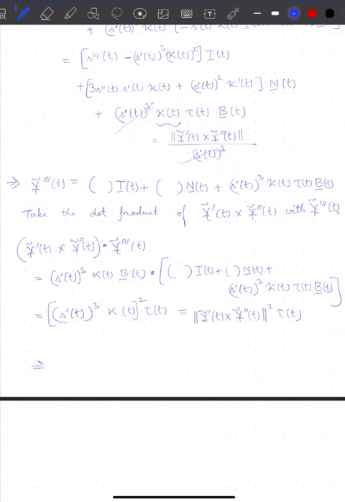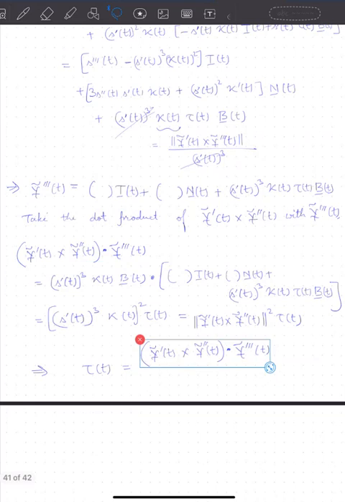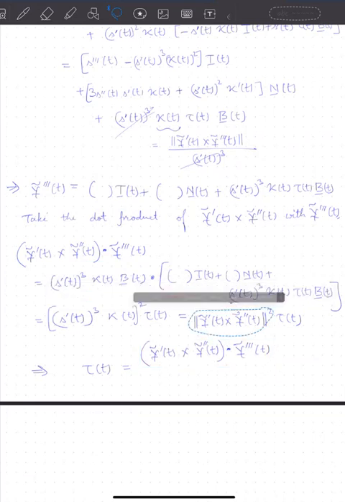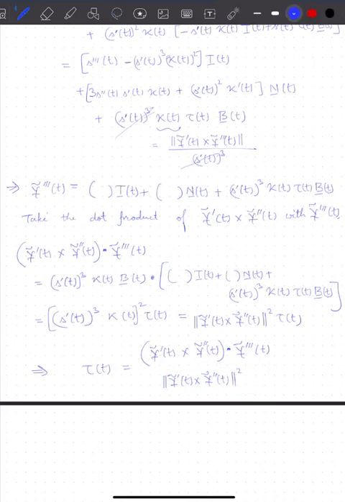So therefore, this implies that this is equal to, a lot of copy paste work here. This is what we are looking at. So we have the expression for torsion.